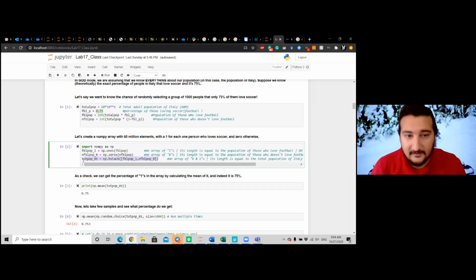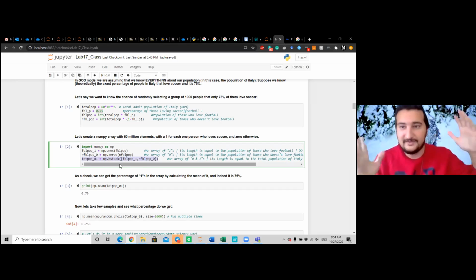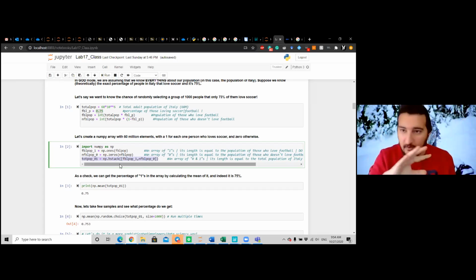So in my pop_01, I will have a giant array with 60 million objects. I will have 1s for the part of the population who loves soccer, which will be 75%, because we know that, we already got. And then some 0s for the part that doesn't love football. That will be 25%, of course.